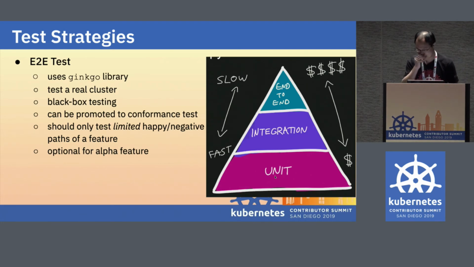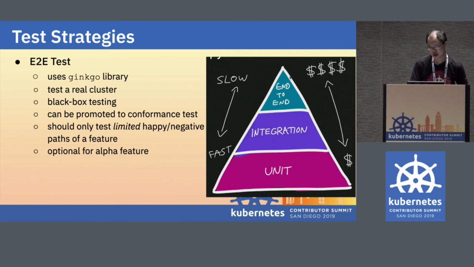Next is end-to-end test. If you look at the picture here, it sits at the top, which means it will run slow and also cost more because the cluster spin up needs money. One point I want to highlight is that you should not put all your test cases in the end-to-end test.